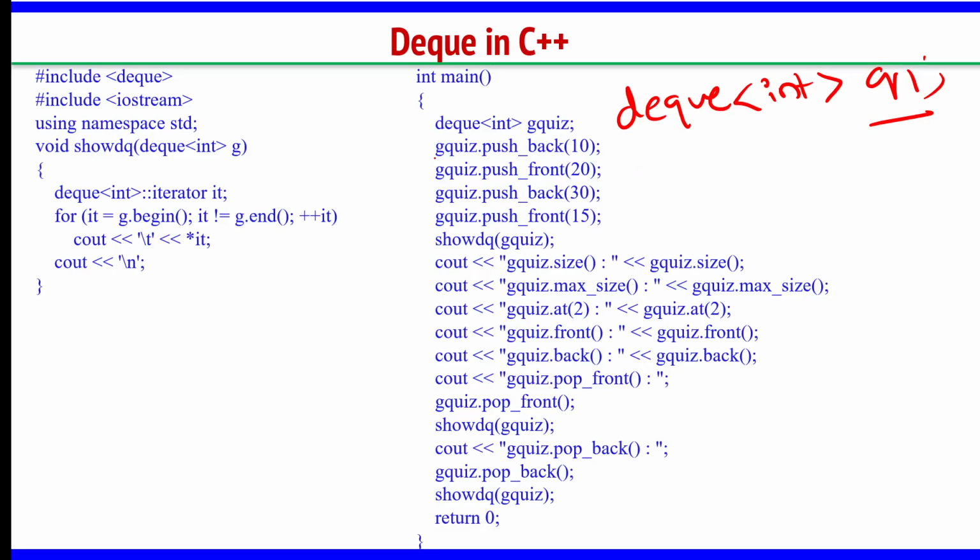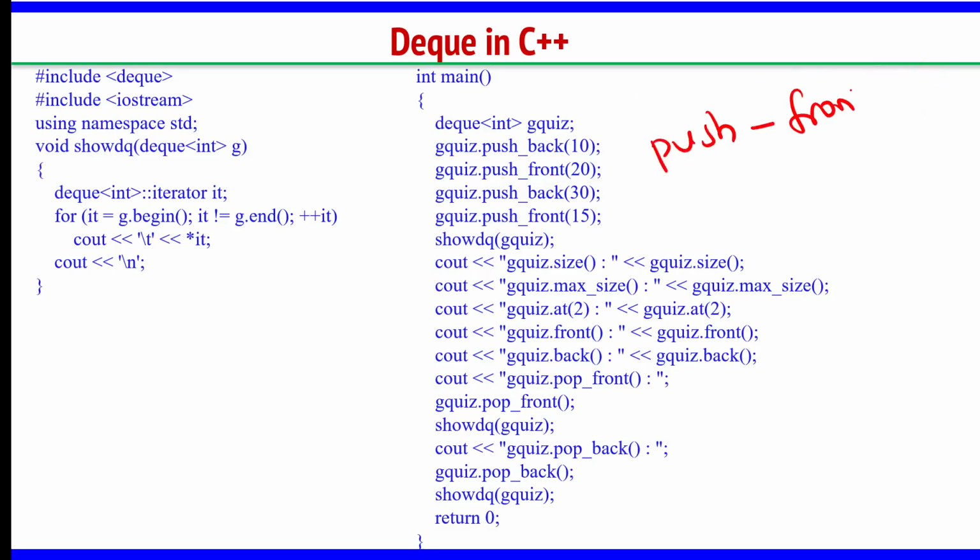See that variable gquiz dot push underscore back, push underscore front. We have 4 functions here. One is push underscore front, next one is push underscore back. In the same way we have pop underscore front and pop underscore back.